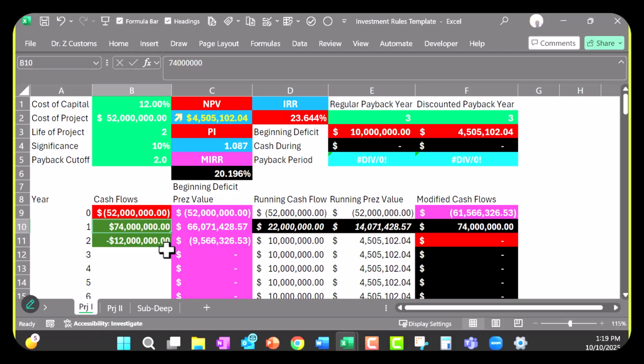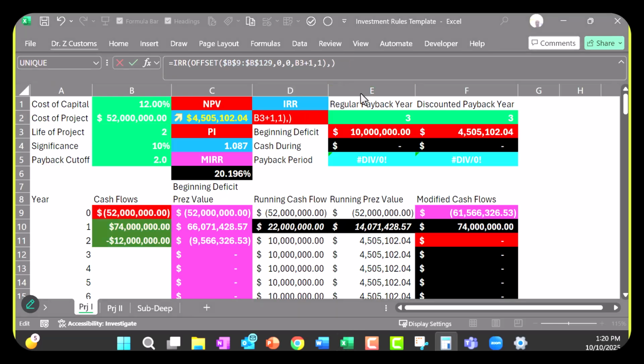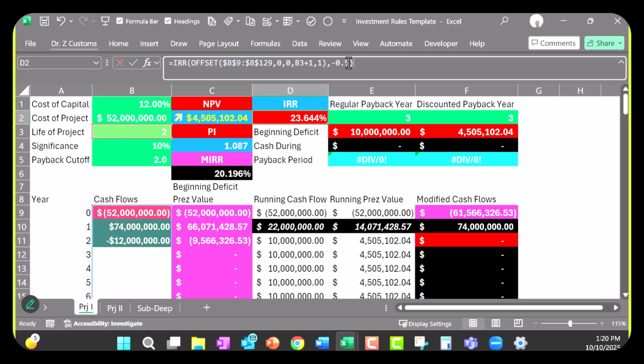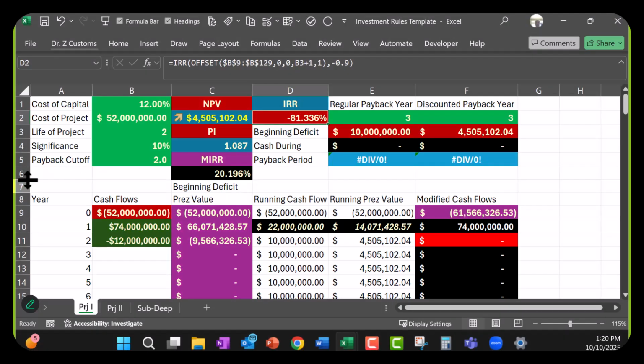When that is the case, there is no guarantee that the solution to the equation that defines IRR is going to be unique. In fact, let me choose a different starting value. Same one. Okay. Turns out negative 81% is also a solution.